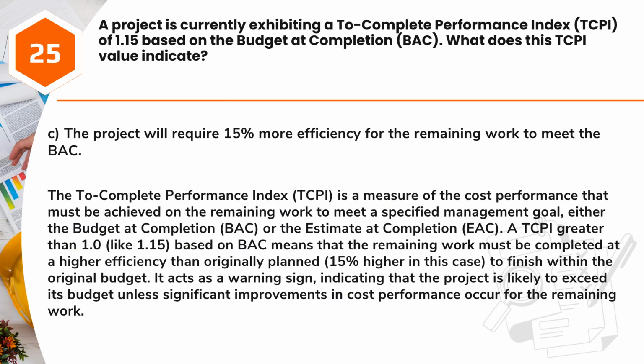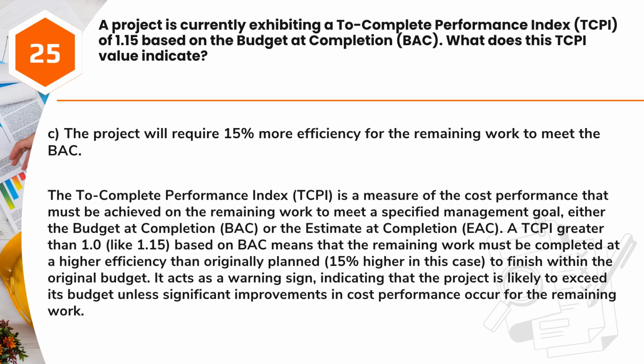Answer: C. The project will require 15% more efficiency for the remaining work to meet the BAC. The To-Complete Performance Index, TCPI, is a measure of the cost performance that must be achieved on the remaining work to meet a specified management goal, either the budget at completion, BAC, or the estimate at completion, EAC.